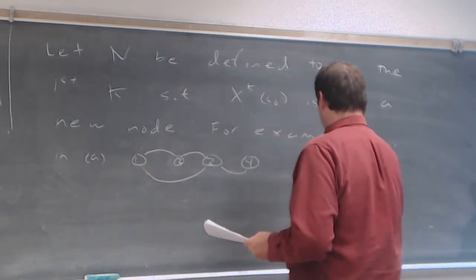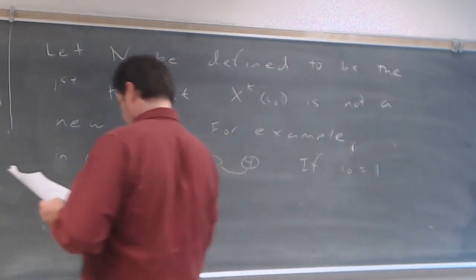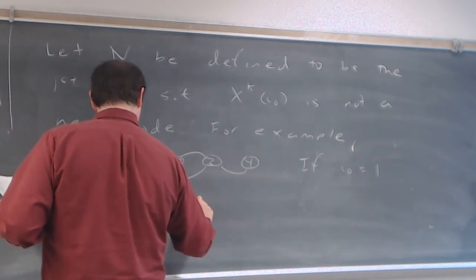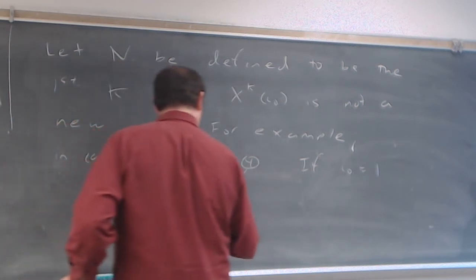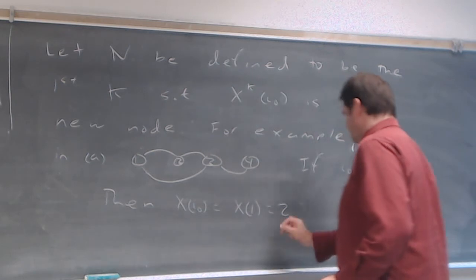If we let I naught be equal to the first node, then x of I naught, so that's equal to x of 1, and x of 1 was 2.